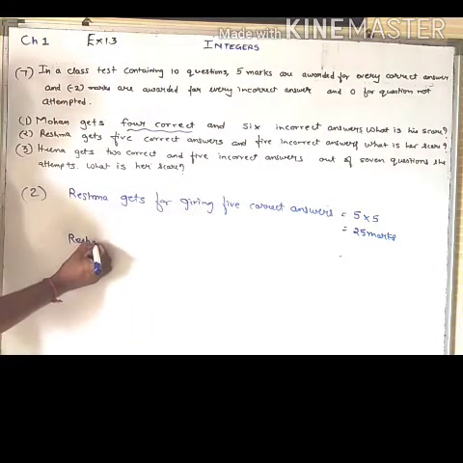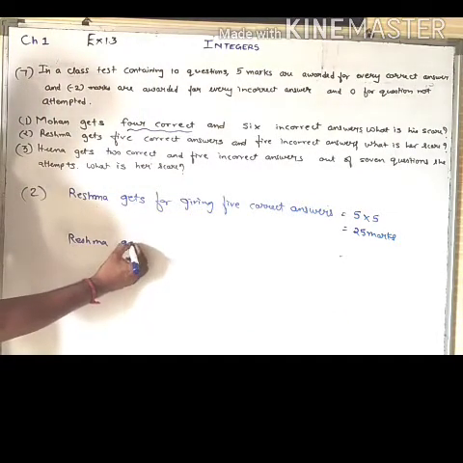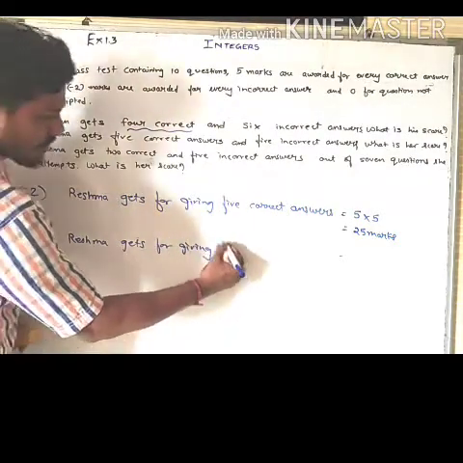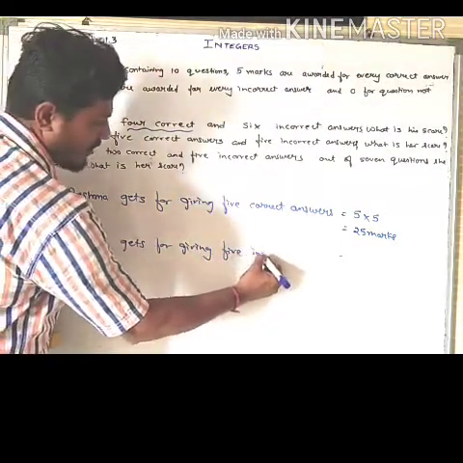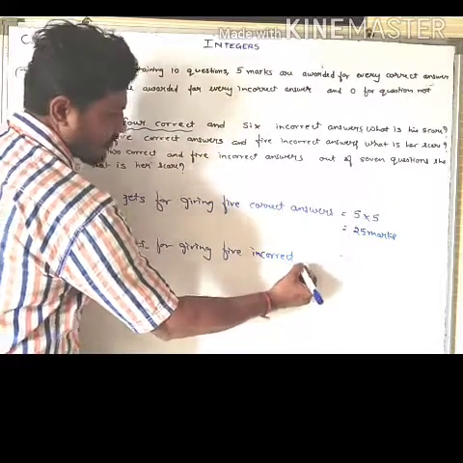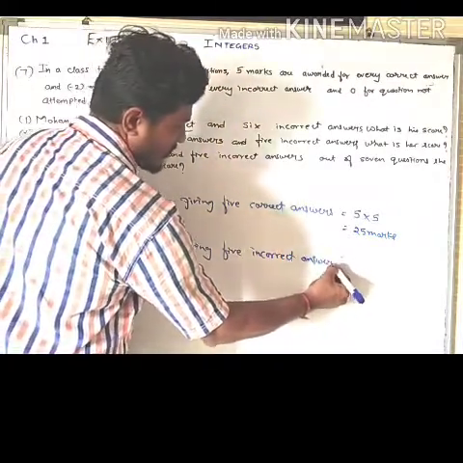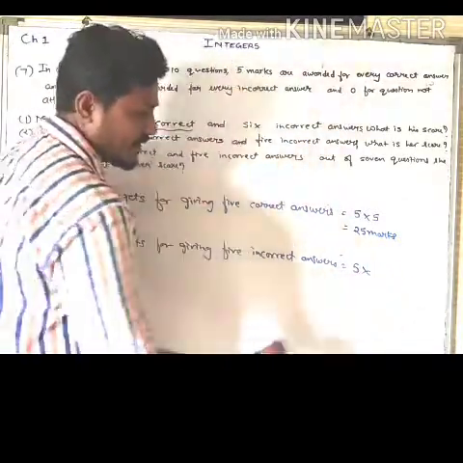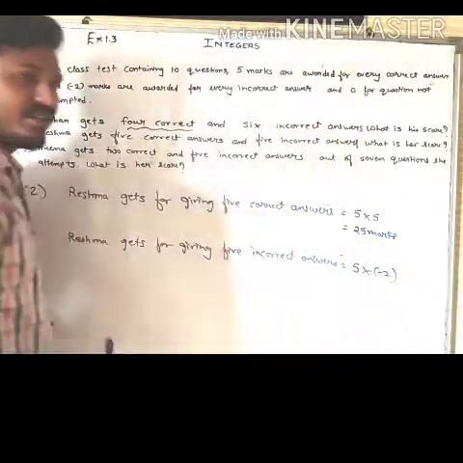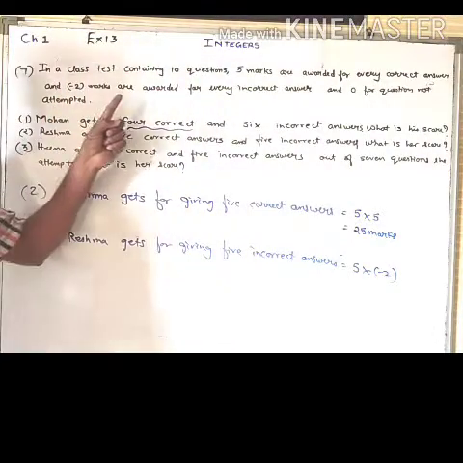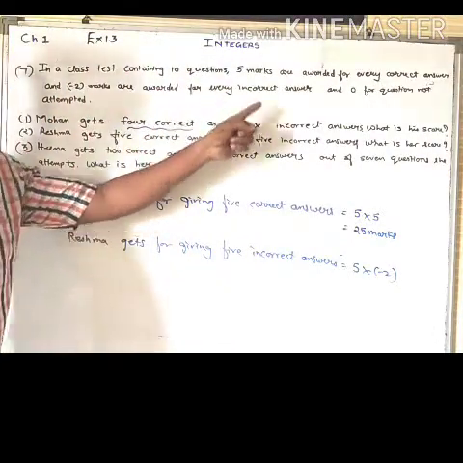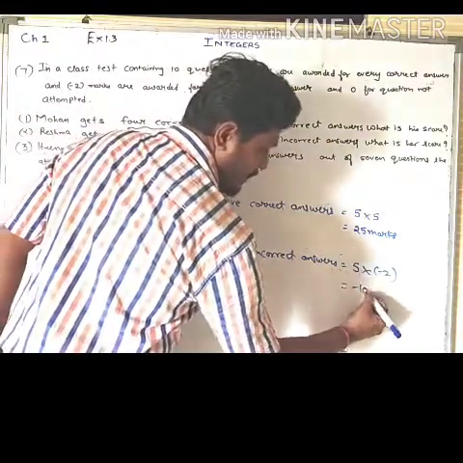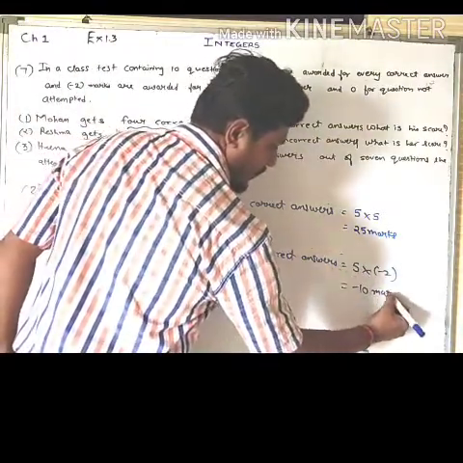Reshma gets for giving 5 incorrect answers. Now again you have to multiply this 5, but now with negative 2, because in the question condition is given negative 2 marks awarded for every incorrect answer. 5 2s are 10, that is negative, positive into negative, negative 10.